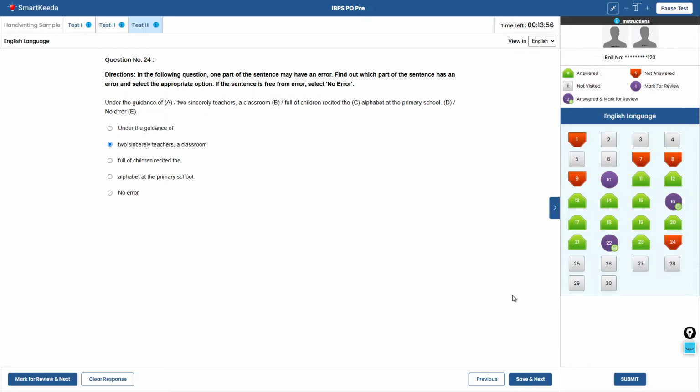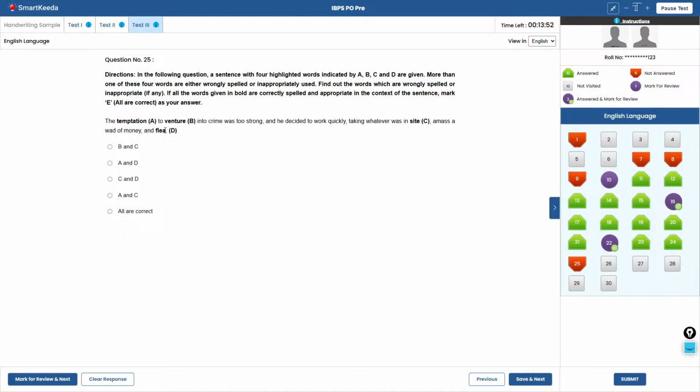A classroom full of children recite the alphabet. The temptation to venture into crime was too strong. And he decided to work quickly, taking whatever was in sight, amass a weight of money, and flee.